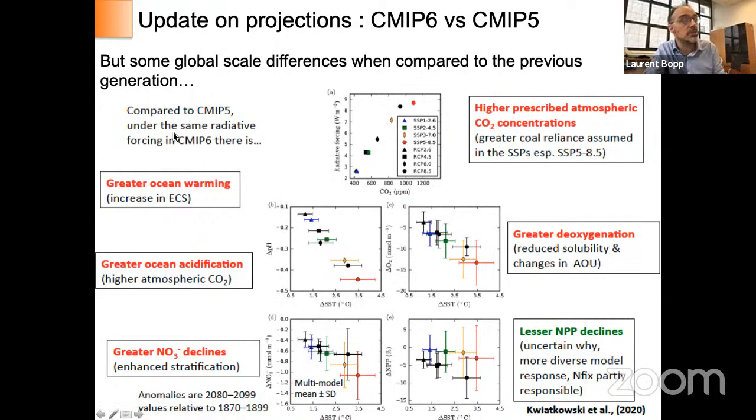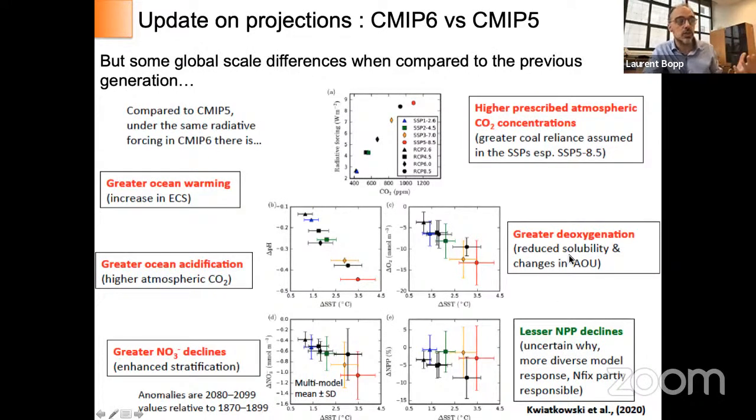So basically for CMIP 5, for the same radiative forcing, you have lower CO2 concentrations. And so when you compare different scenarios in CMIP 6 and CMIP 5, because you have higher CO2 concentrations in CMIP 6 for the same radiative forcing scenario, you have higher acidification.